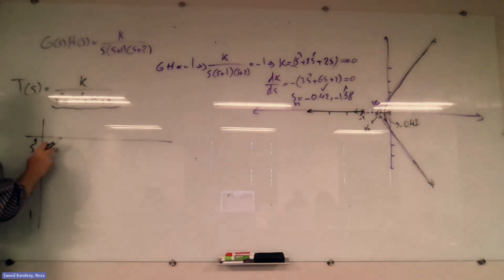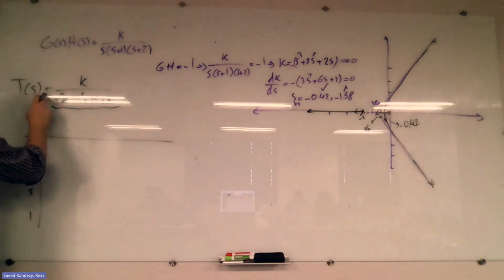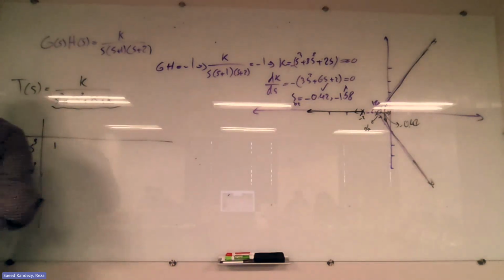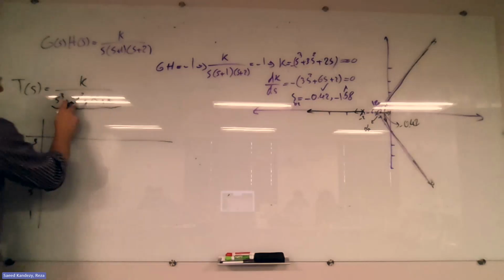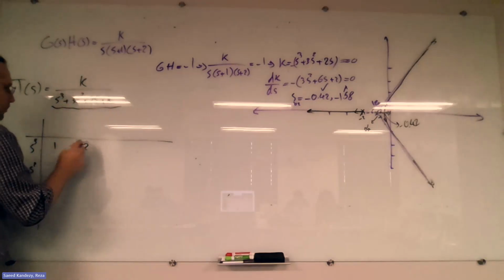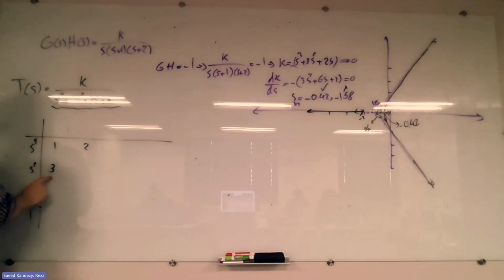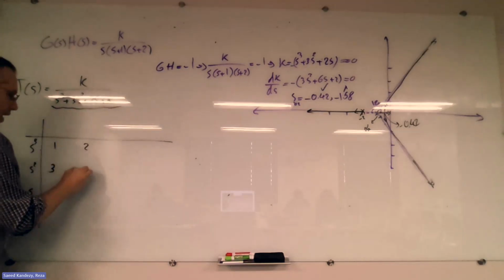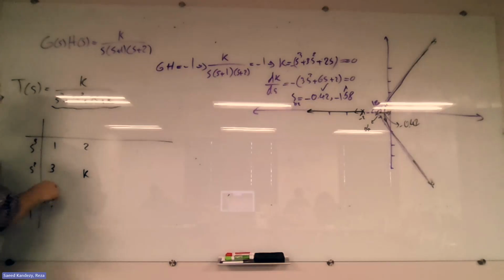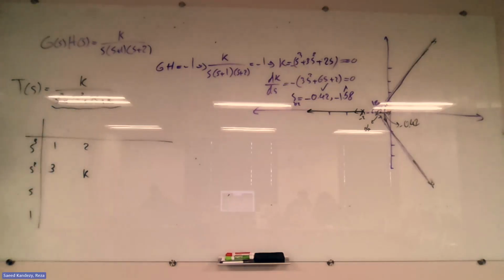Now, the first component of the first row is the coefficient of s cubed, which is 1. We skip one, then we have 2. Then for the s squared row, the first component is the coefficient of s squared, which is 3. We skip one, and then we have k. Now, you know how to find B1, B2, C1, C2.